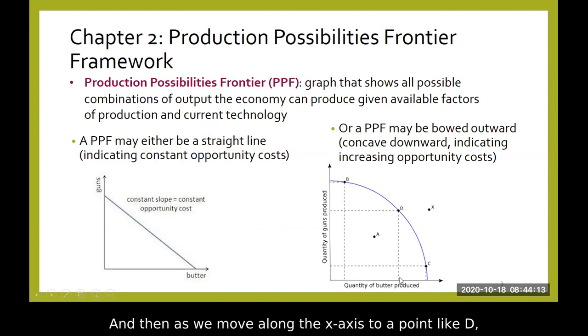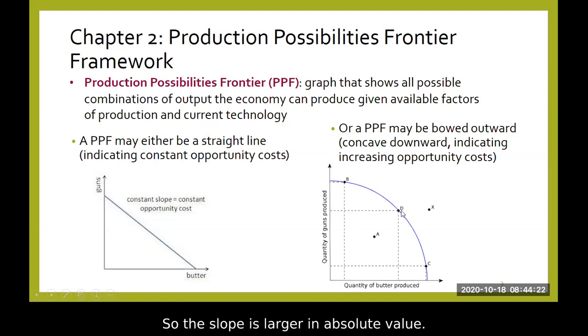Then as we move along the x-axis to a point like D, the slope is starting to get steeper, so the slope is larger in absolute value. We know that this is a negative slope, but in absolute value, it's larger than it is at point B. And then at point C, the slope is even larger, or even steeper.